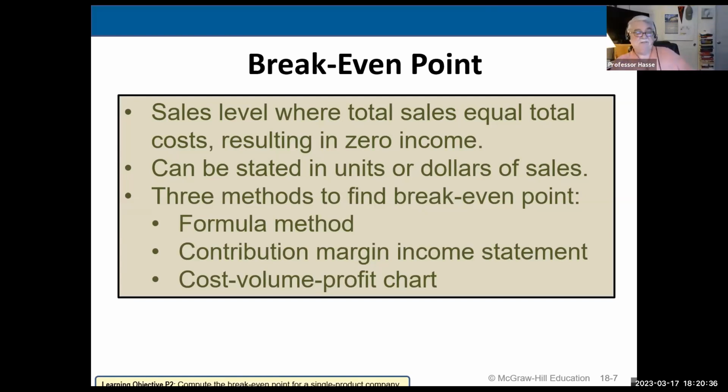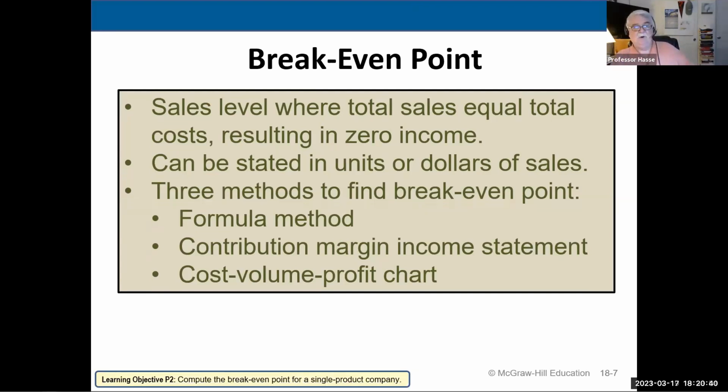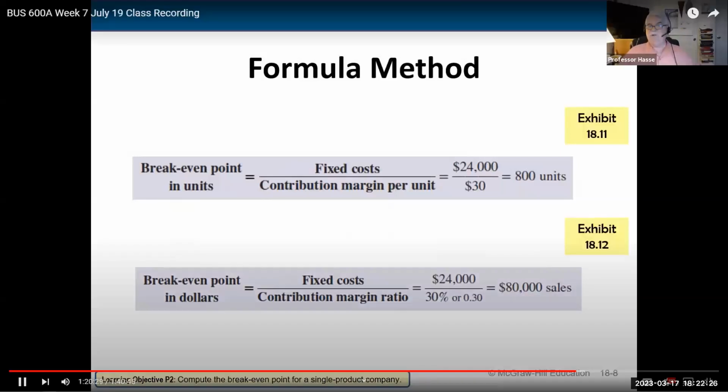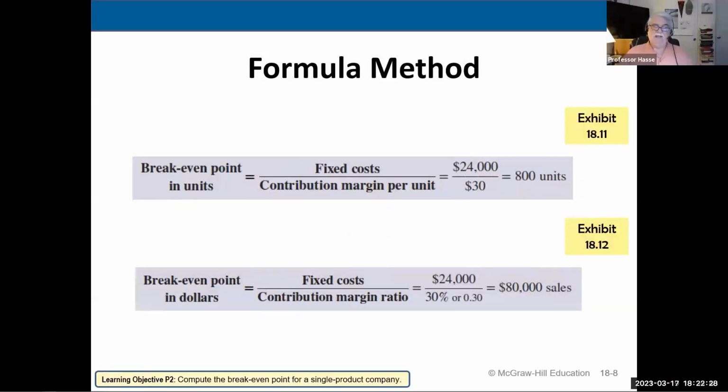That's why in Steven's business, he's a firefighter. That's why they know in fire season, using formulas, my fixed costs were $24,000 and I had a $30 contribution margin, like in this problem. I know if I sell 800 units, I got my costs covered. All right.